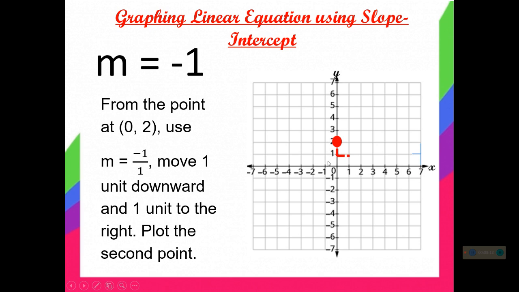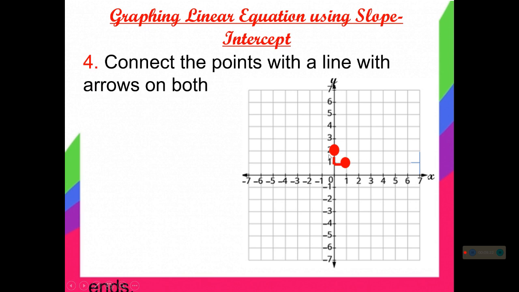Then plot the second point. The next step is to connect the points with a line with arrows on both ends. So we have here the graph of the equation y equals negative x plus 2.